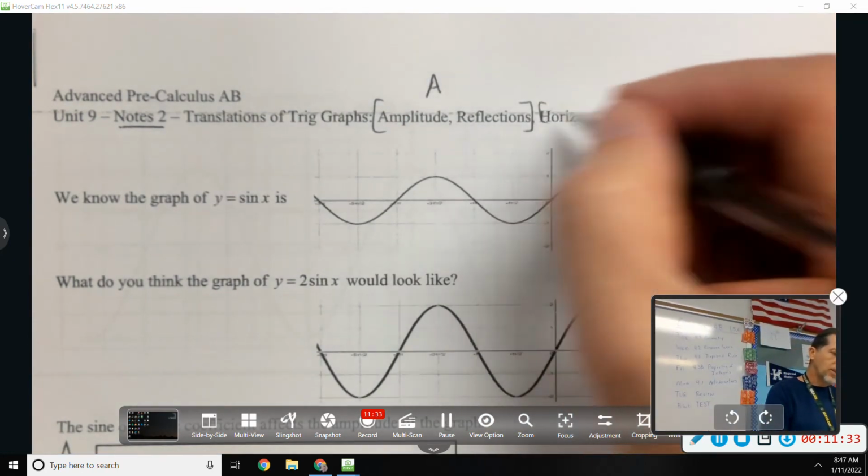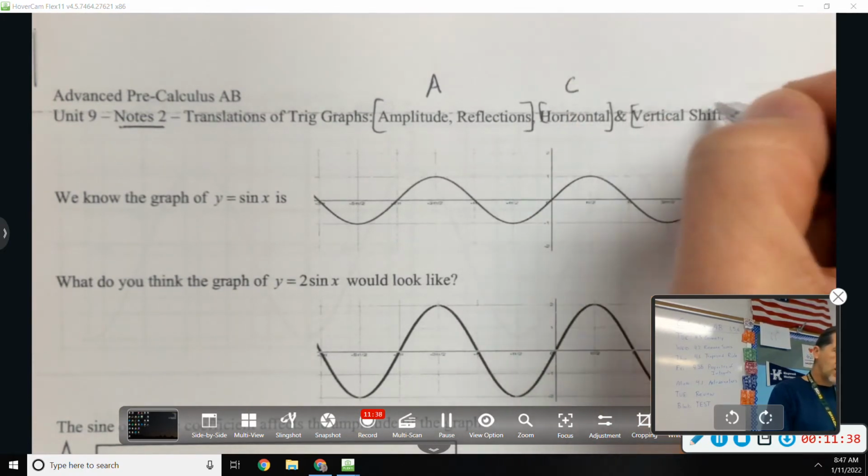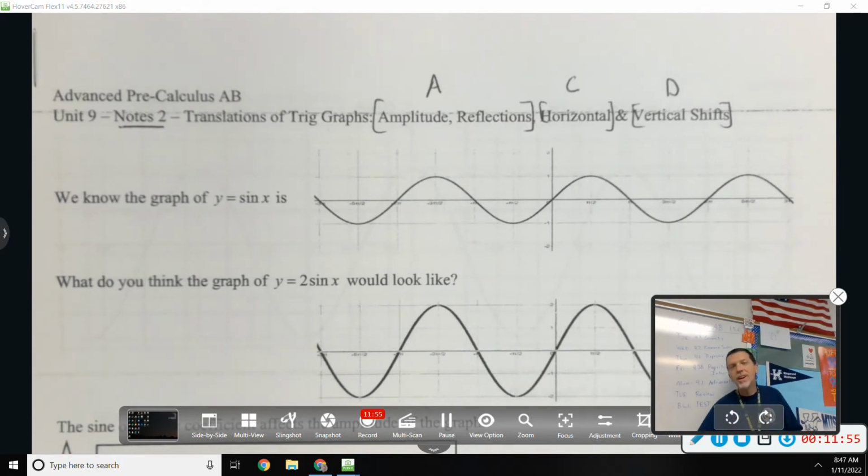Horizontal, that was left and right, so that's C. And vertical shift is D. Changing the period is the hardest part, so we kind of saved that for tomorrow. It's hard to get everything in one class period. So we'll do the deep dive on A, C, and D today. We'll do the deep dive on B tomorrow, and then the rest of the time is just sort of putting it all together.